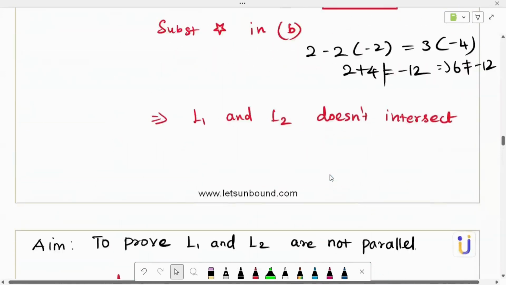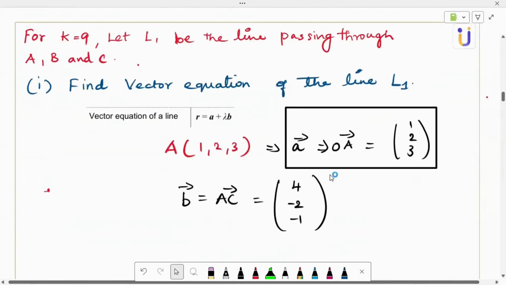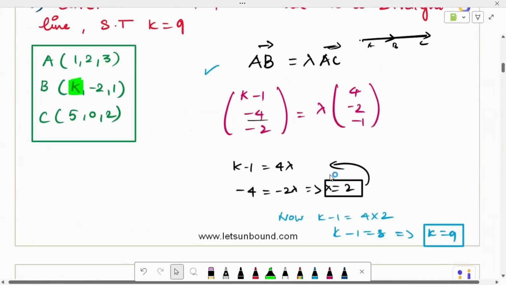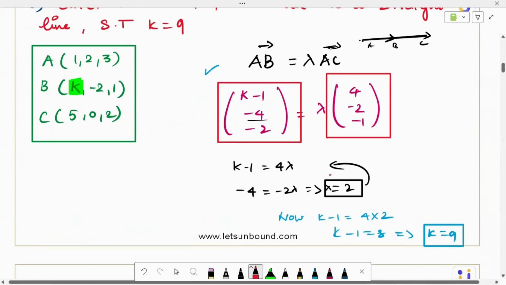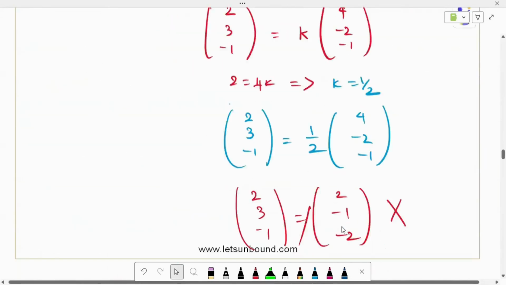So the very first thing, before solving K, is we have a format that we need to pick. So this one is my AB, this is my AC, and my A is 1, 2, 3. Right? So let's take that.